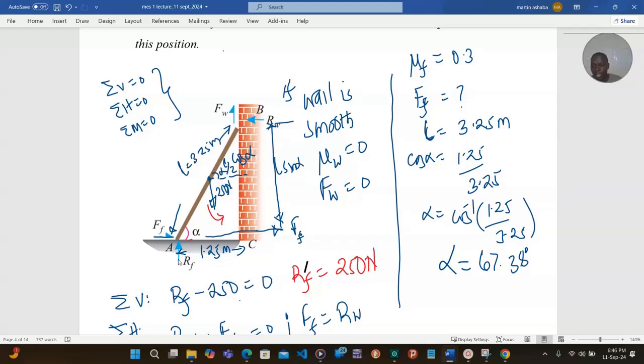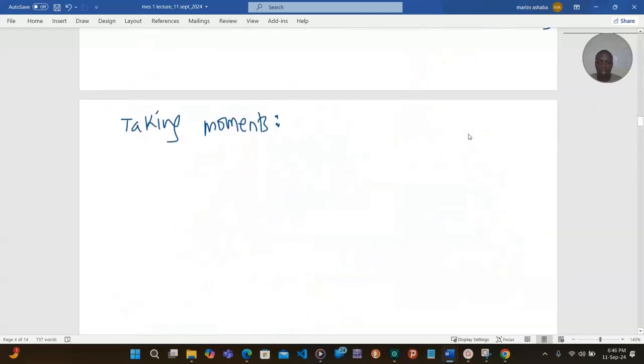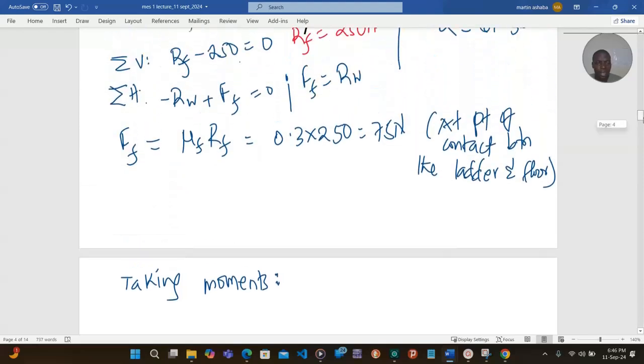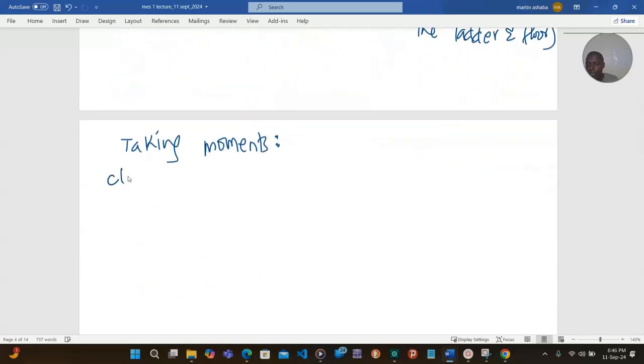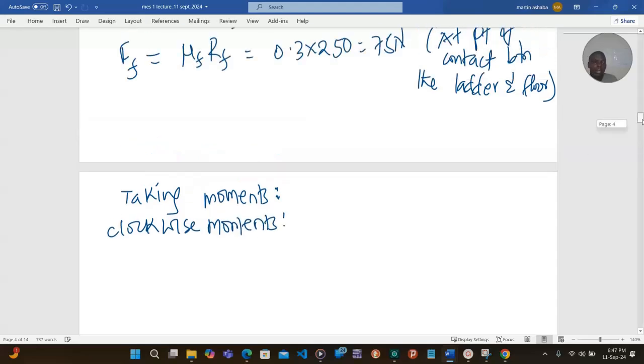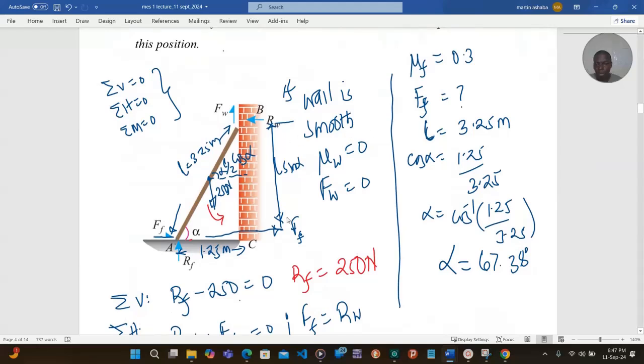And we know the distance from here to there. That one is known. So what is L sine alpha? Maybe let's look for it. Okay, let's first get those moments. Let's look for clockwise moments. So what are the clockwise moments?